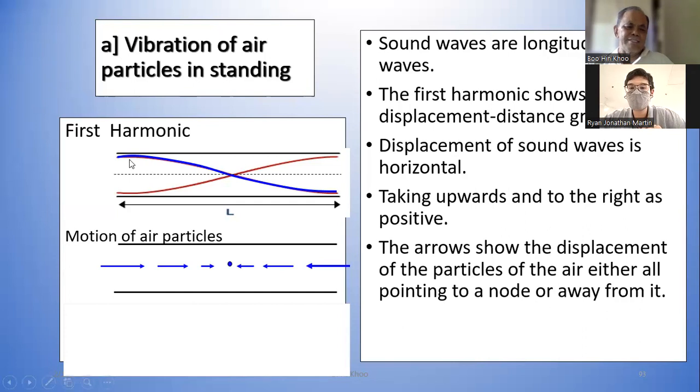If we take this blue part, it's moving to the right with maximum displacement here, and then this part will be smaller, this part smaller still, and the node is not moving at all. Then this part is negative: smaller, smaller, larger, larger, and at the open end, the largest.